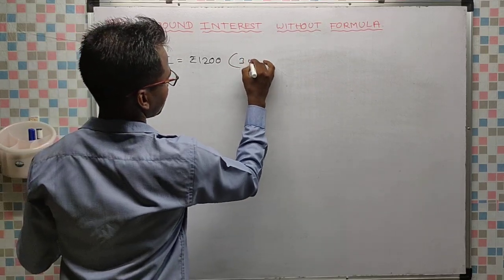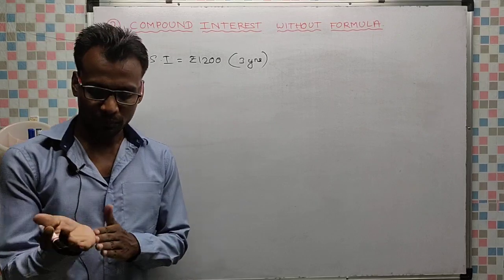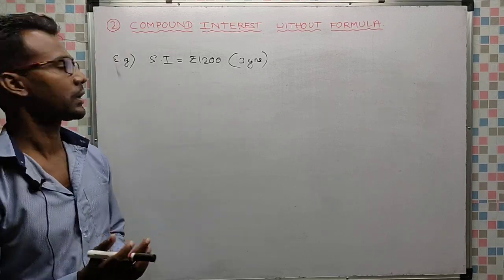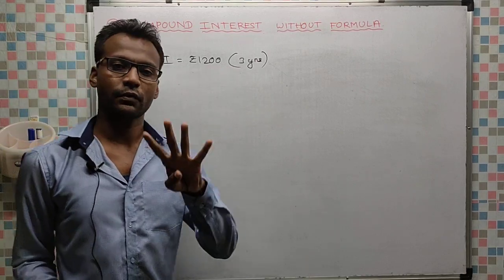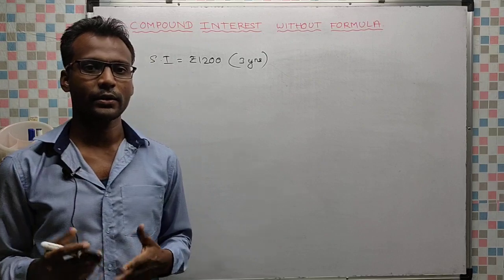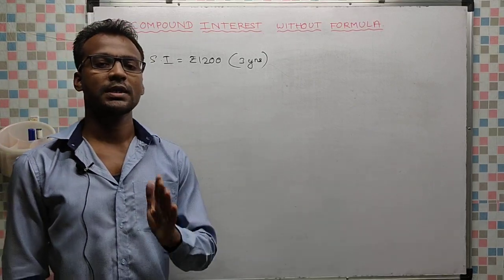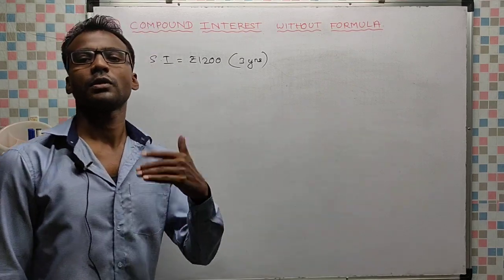How many years? 3 years. If simple interest for 3 years is rupees 1,200, then simple interest for each year will be 1,200 by 3, that is 400 rupees. Because in the beginning, while I started part 1, I told that simple interest remains the same every year. So 400, 400, 400 becomes 1,200.